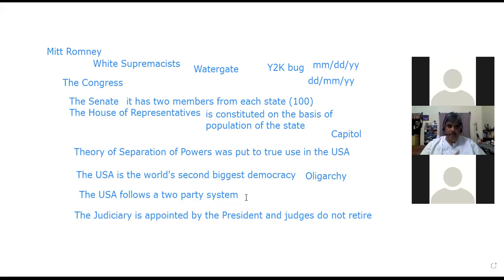Okay. Now, if we are talking about the USA following a two-party system, does it really follow a two-party system? The thing is, the USA does not have a political party system at all. What it has is a system of caucuses.